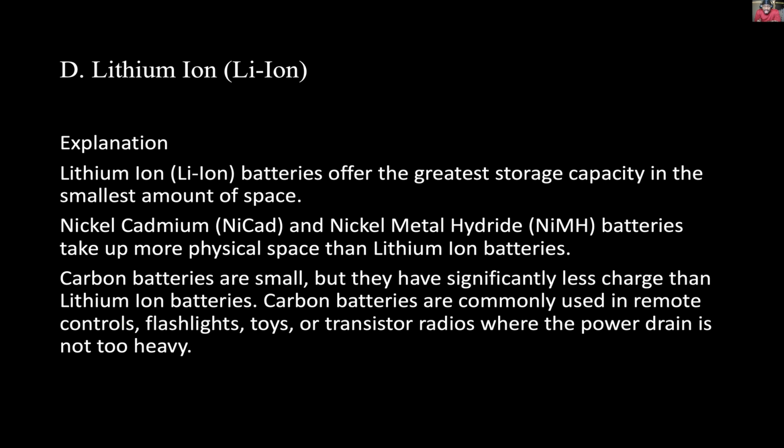Carbon batteries are small, but they have significantly less charge than lithium-ion batteries. Carbon batteries are commonly used in remote controls, flashlights, toys, or transistor radios, where the power drain is not too heavy.